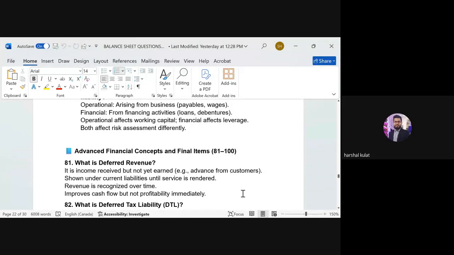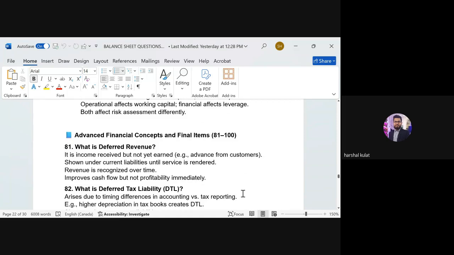So what is deferred revenue? It is income received but not yet earned. For example, advance from customers shown under current liabilities until the service is rendered. Revenue is recognized over time; it improves cash flow but not profitability immediately.